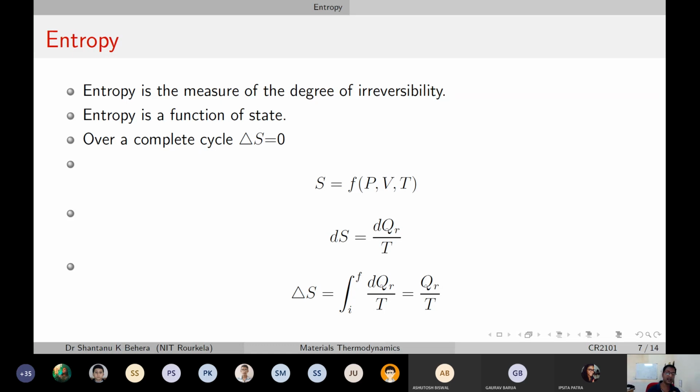And in a mathematical relationship, it's simply the heat exchanged in a reversible manner, in a reversible process. So the reversible heat, many times called the reversible heat, normalized by the temperature.